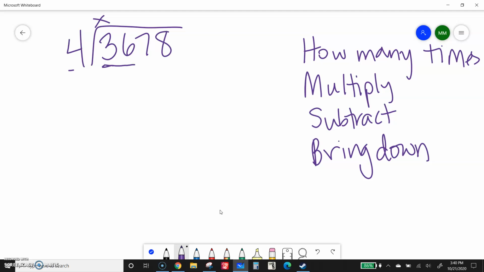So how many times does 4 go into 36? I can write out my multiples, use a multiplication chart, whatever works. So we have 4, 8, 12, 16, 20, 24, 28, 32, 36, 40, something like that. And then I can say, okay, what's close to 36 or at 36 but not bigger?